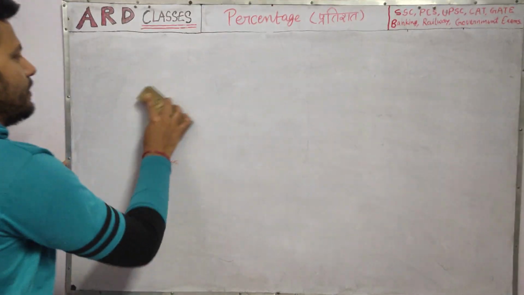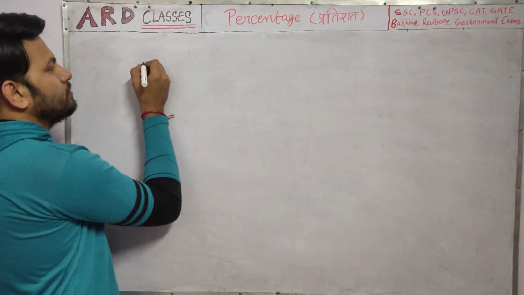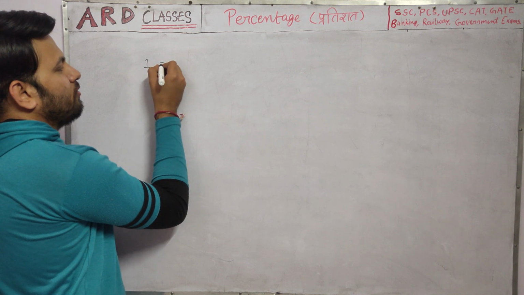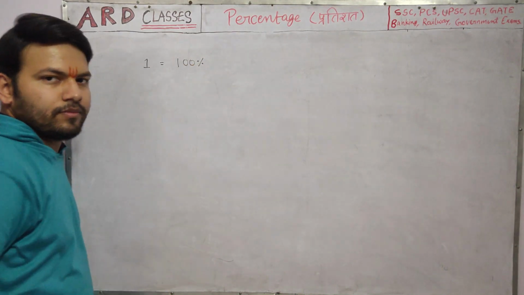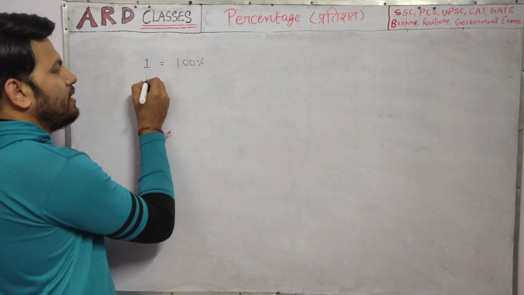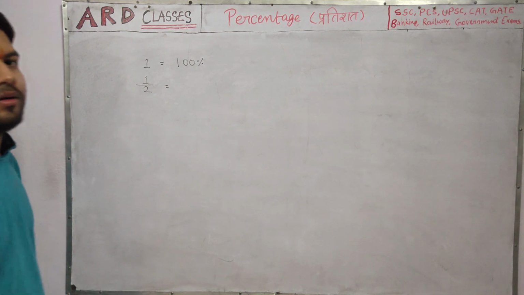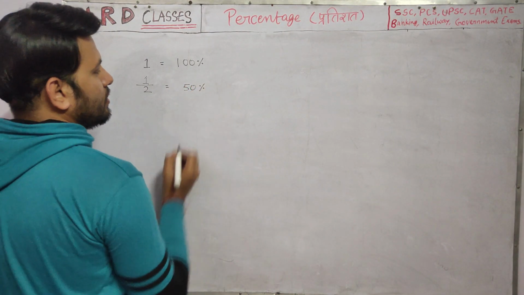For another example, we have 1. How can we write it? 100 percentage. 1 by 2, how can you write it? 50 percentage.